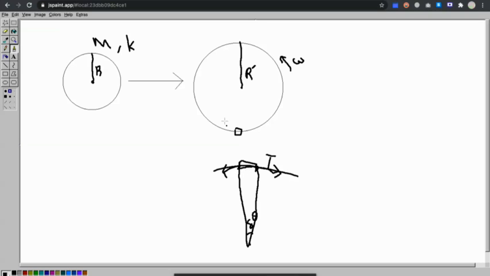Okay, so now we can try finding the total centripetal force in terms of T. So we know that these T's are going to be tangent to the circle. So if we extend this, we get that this is just 90 degrees, and therefore this angle right here is going to be delta theta over 2.